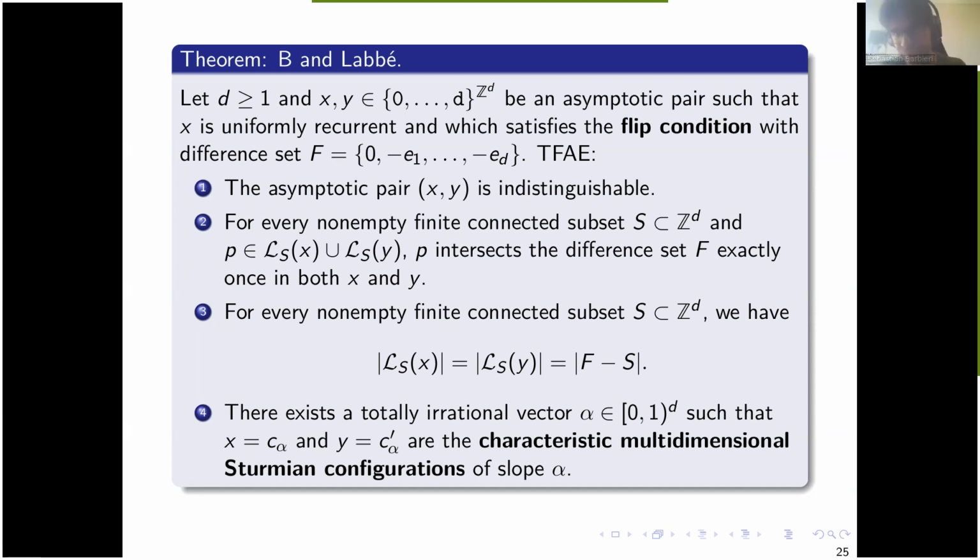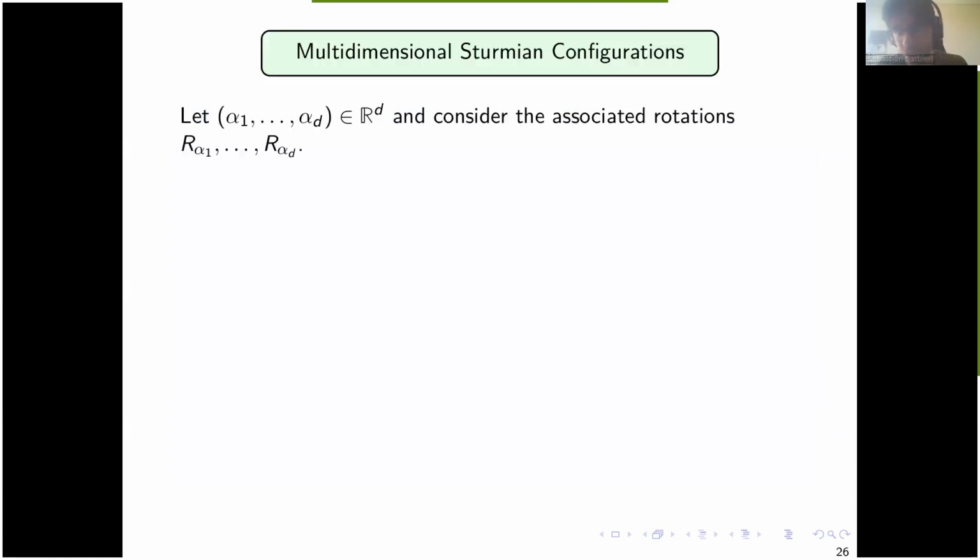So the theorem gives me a complete description of the complexity of multidimensional Sturmian configurations for any dimension and any finite connected support. So let me tell you what multidimensional Sturmian configurations are, because I haven't defined them. It's very simple.